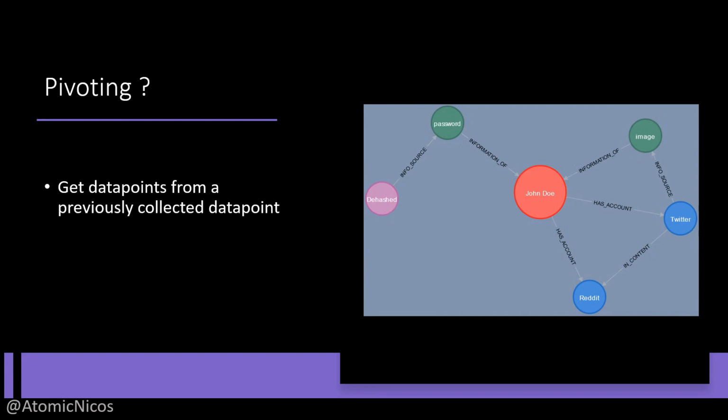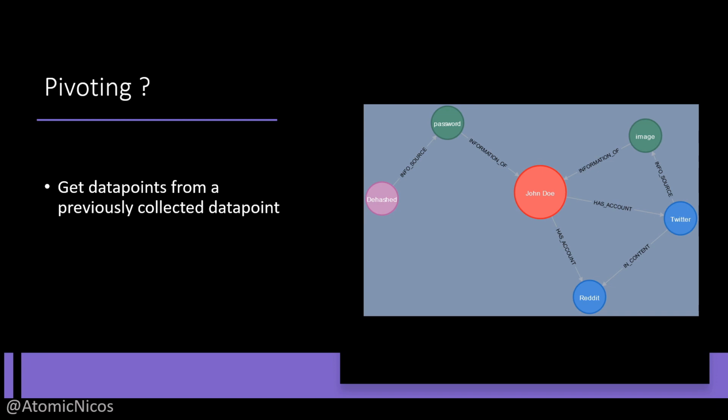A pivot is basically to acquire more data points from a previously collected data point. So for example, you have the name of John Doe. You can find that he has a Reddit account. In the content of that Reddit account, you were able to find that he has a Twitter account, like he linked it or something. And in that Twitter account, there is a profile picture, and that picture is actually information on John Doe.